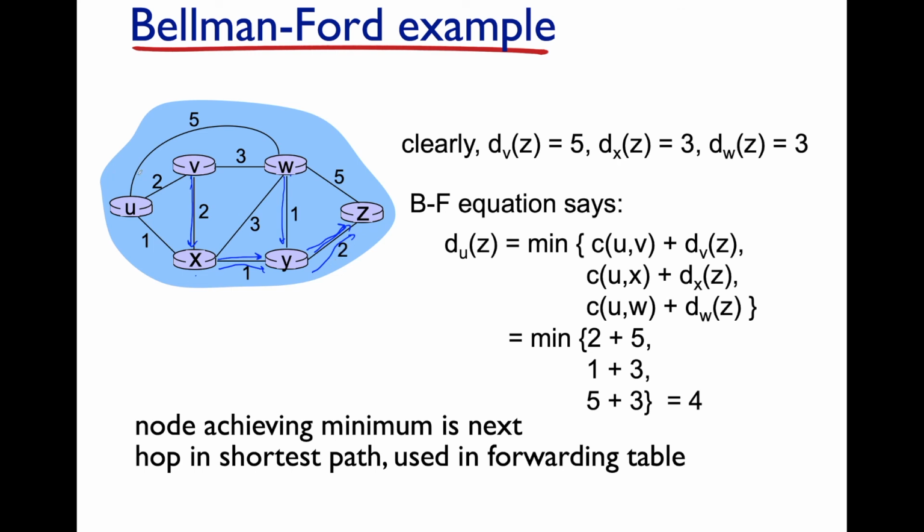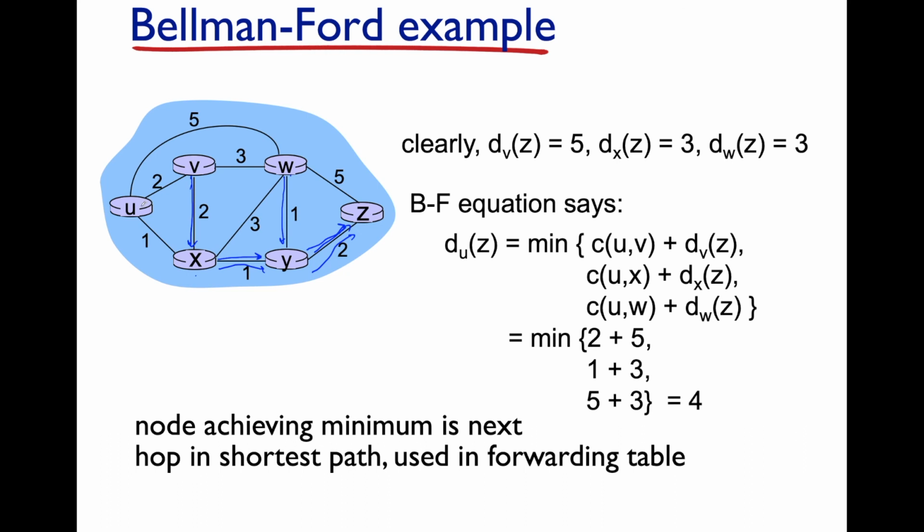So now, if I want to get from node u to z, I could get there either directly, how I already know how to get there, or I could get there indirectly through one of my neighbors. So what is that? All right, well, let's look at my neighbors. I could use neighbor v, I could use neighbor w to get to z, or I could use neighbor x to get to z.